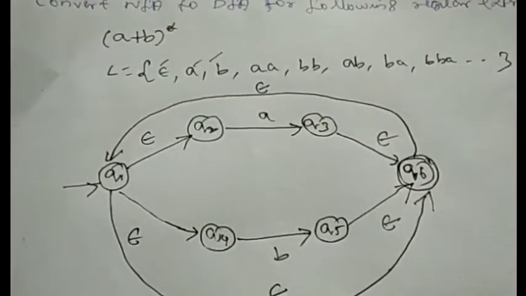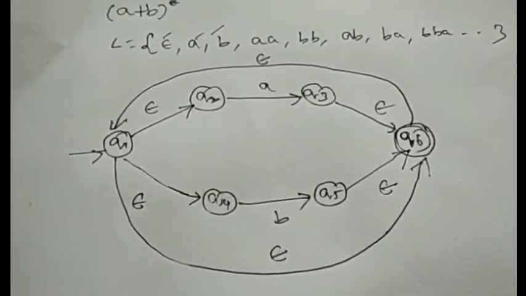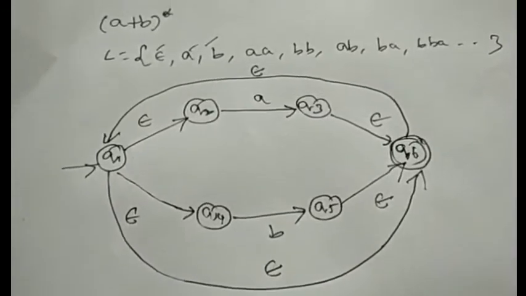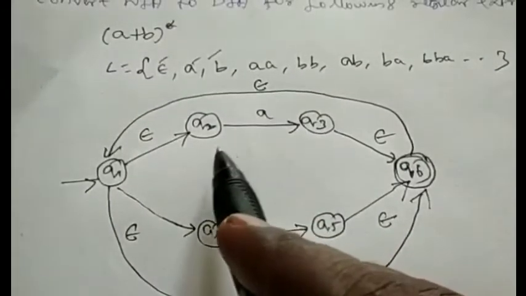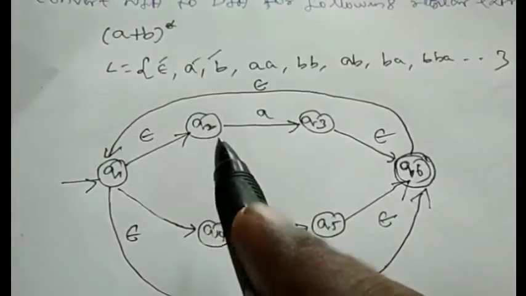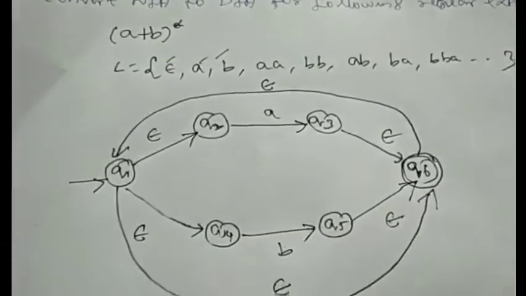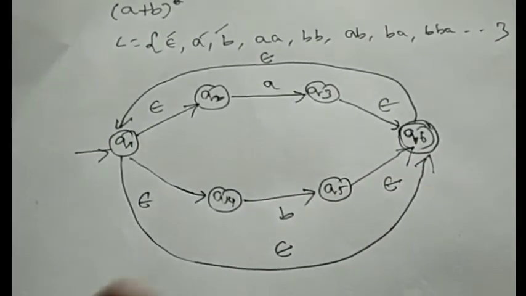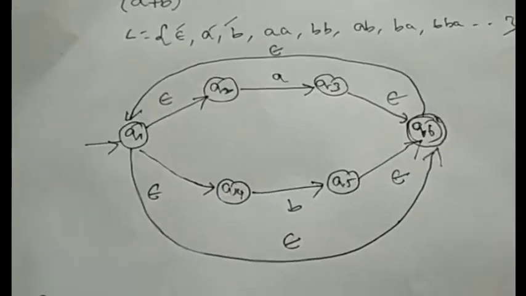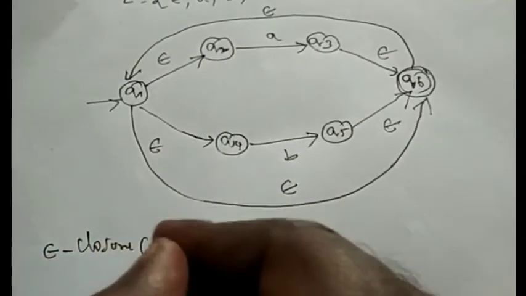Okay. Now we have to convert this into an equivalent DFA. So what is the problem here? This is actually an NFA with epsilon, isn't it? So when I use (A plus B) whole star, epsilon is getting generated, so definitely you have to apply the technique of converting NFA with epsilon to DFA. Now what should I do? Use epsilon closure.